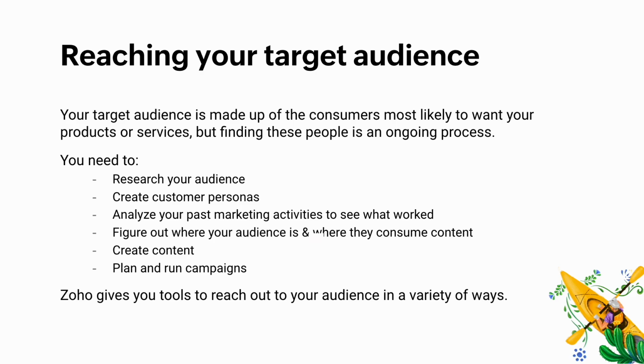You need to create customer personas, a very specific type of customer that you're planning on aiming at. You want to analyze your past marketing activities, create some ROI reports, and see what's worked and what hasn't. You want to figure out where your audience is and where they consume content, create content, and then plan and run campaigns. Zoho's tools are going to give you a bunch of different ways to reach your audience, and here are some of these methods.